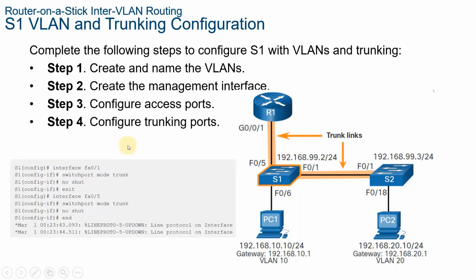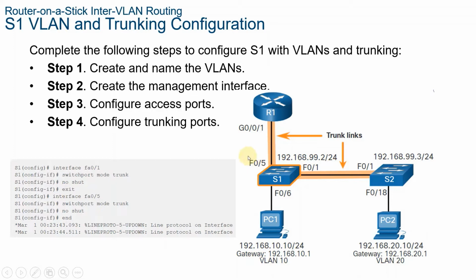Next is to configure the trunking ports. Finally, ports FA0/1, which is connecting to switch 2, and FA0/5, which is connecting to R1, are all configured as trunk ports or trunk links. So how do we configure this? You go to interface FA0/1, switchport mode trunk, no shutdown, exit.